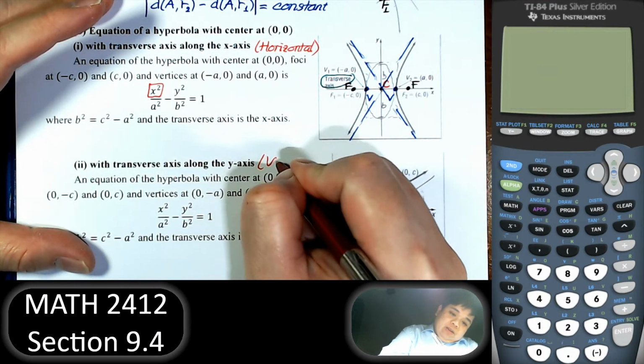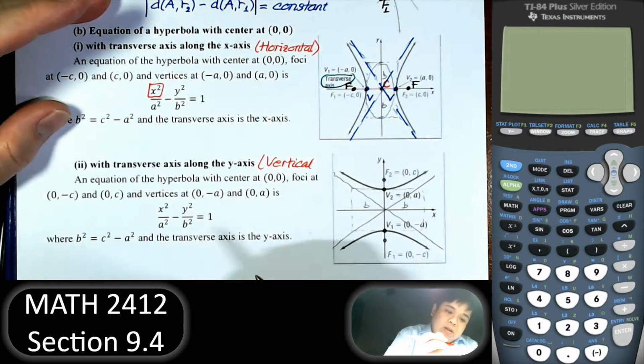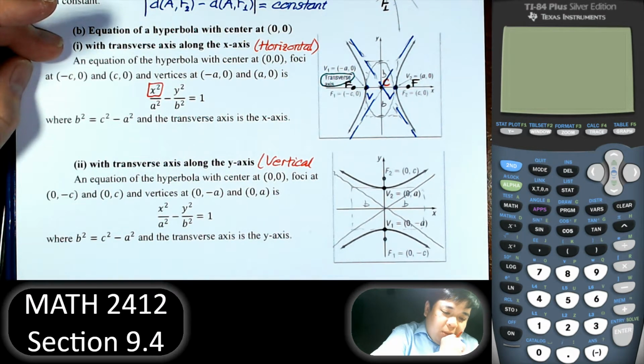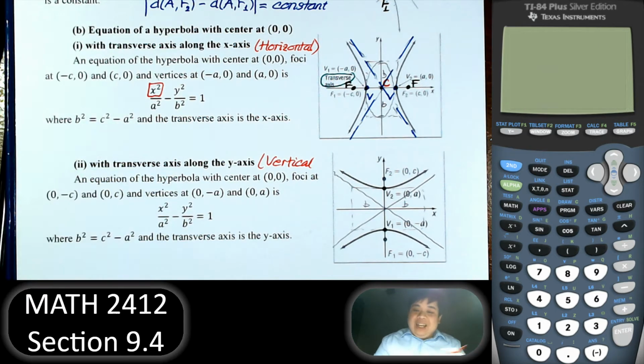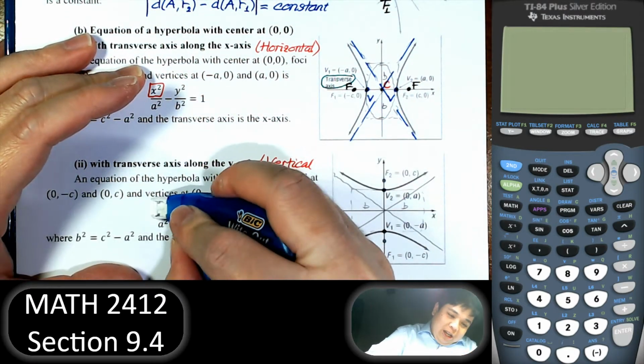If it is vertical, we start with the y squared instead. Sorry, I copied and pasted it and forgot to change it.